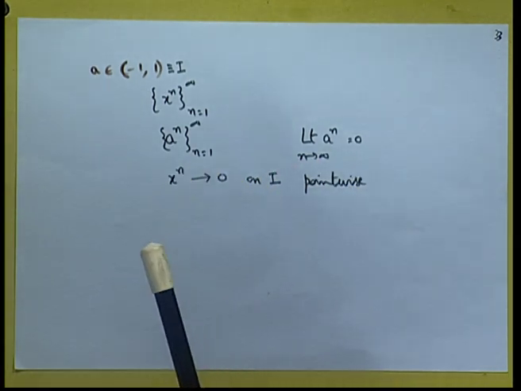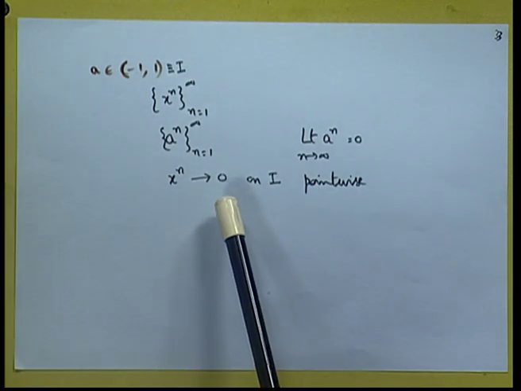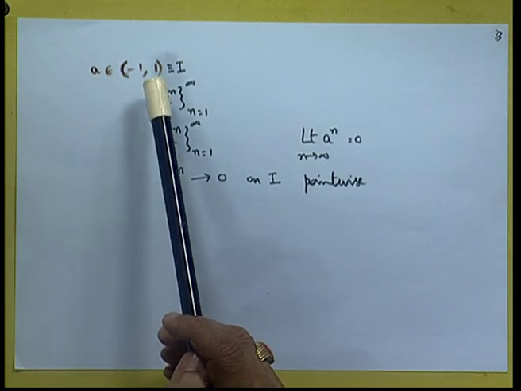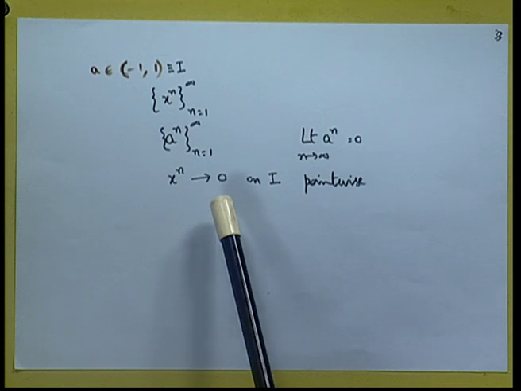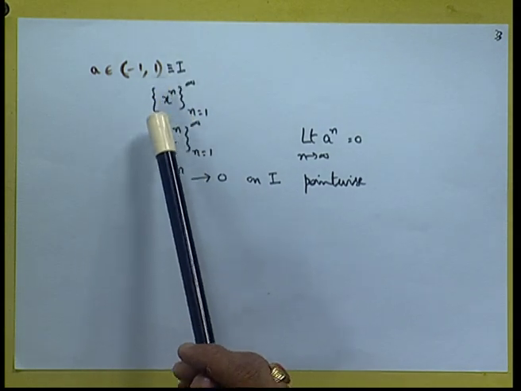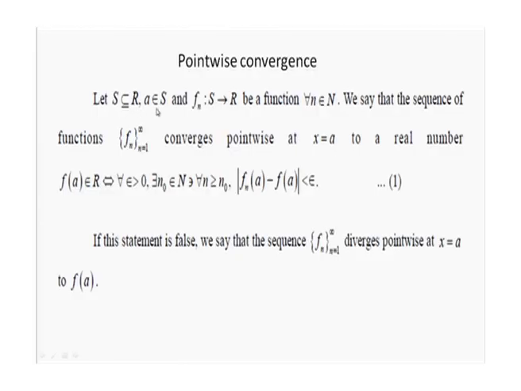We say fn tends to 0, fn converges to 0 pointwise at the point x equal to a. Let us let this a vary over S and see how we can define the pointwise convergence of a sequence of functions fn(x) at the point x equal to a. Let fn be a sequence of functions defined on a non-empty subset S of R. From S, let us take a point small a, and let f of a be a real number, and we can evaluate these functions fn at x equal to a.